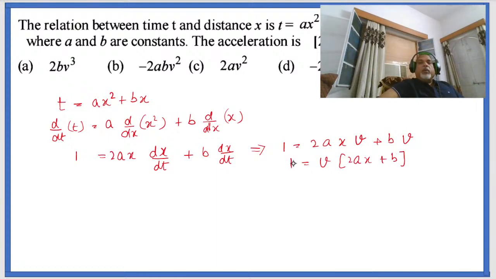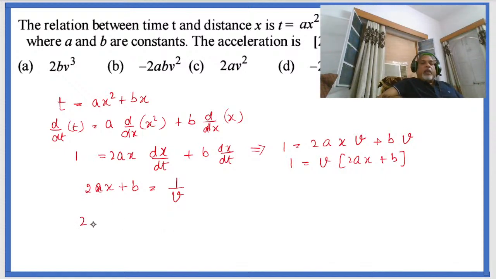From here there is no problem. Now 2ax plus b is nothing but 1 upon v.